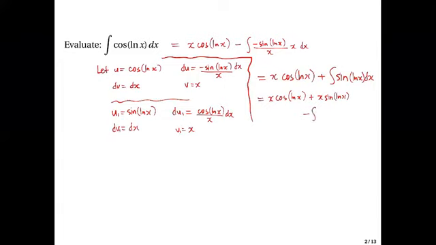So integral of cosine of ln of x over x, and then times x, and then we have the dx. Okay? And of course, if we simplify this guy, we will have x cosine of ln of x plus x sine of ln of x, and then minus the integral of cosine of ln of x dx. Okay?